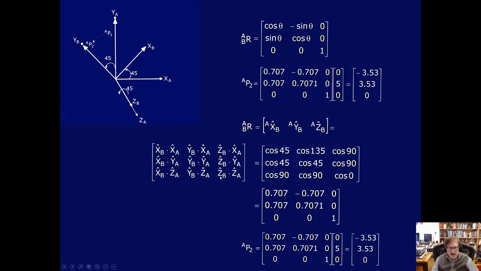And finally zb dot za is cosine 0 because z and zb are aligned. Okay, so we see that we get the same result.